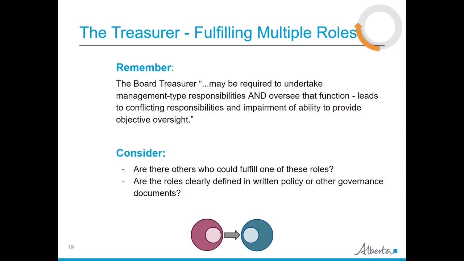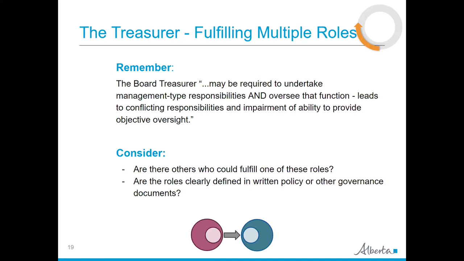So this scenario would place the treasurer in a position where they are carrying out management-type responsibilities while also providing oversight of their own work. The more engaged the treasurer becomes in management functions, the more their ability to exercise independent oversight will be diminished.